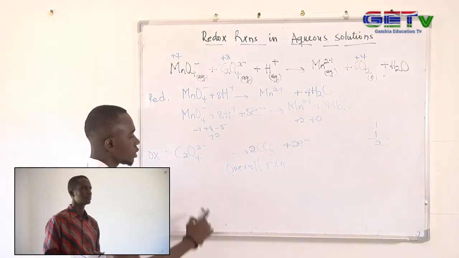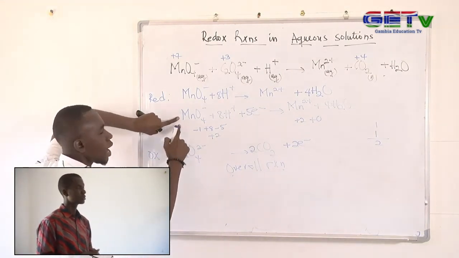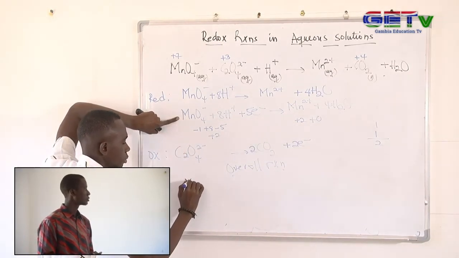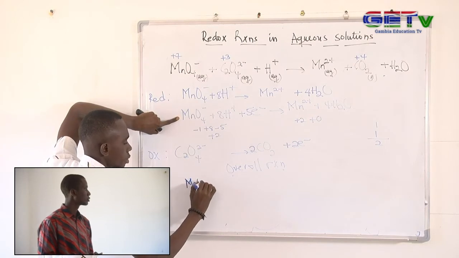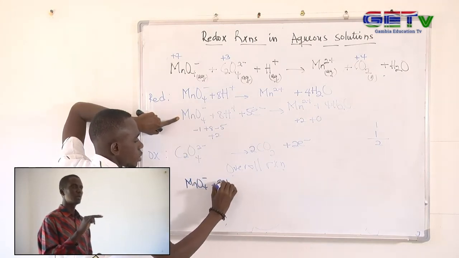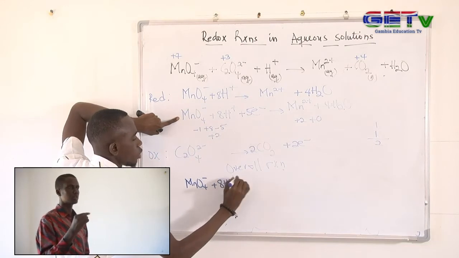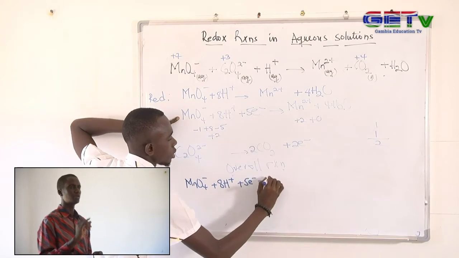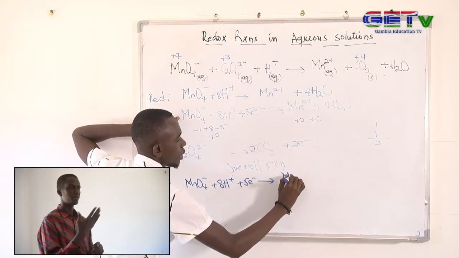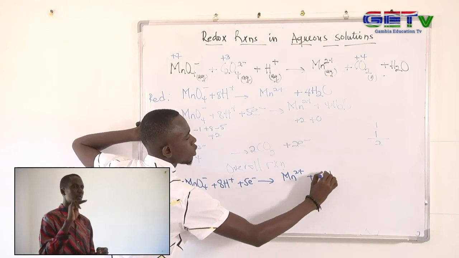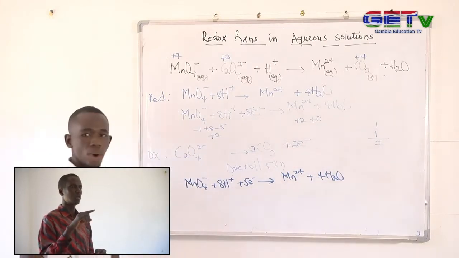And in this case, this one is the balanced reduction half reaction. We'll put it here. MnO4 minus plus 8 hydrogen ions plus 5 electrons. This will give us Mn2+ plus 4 molecules of water.